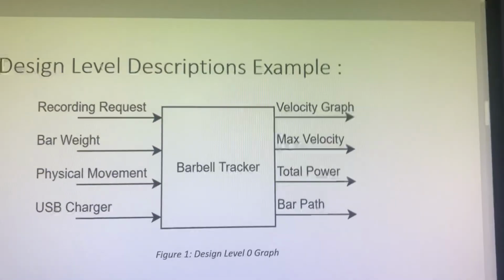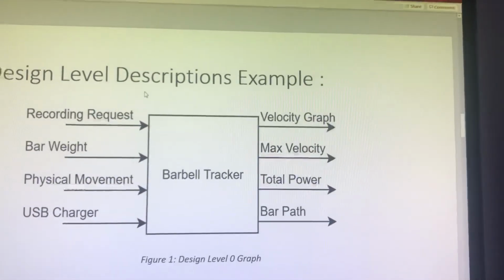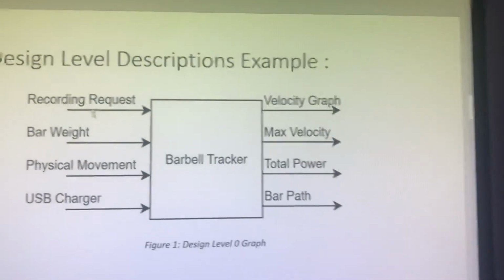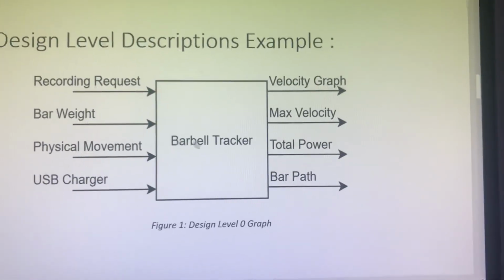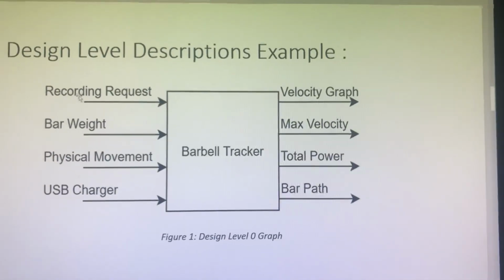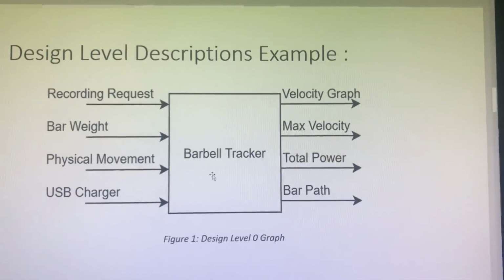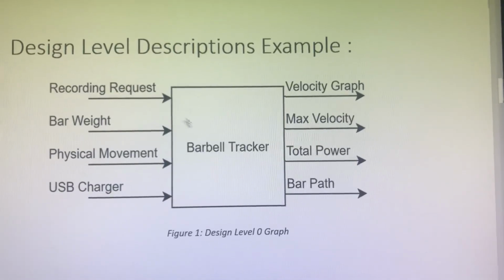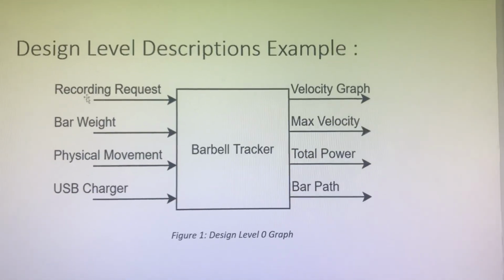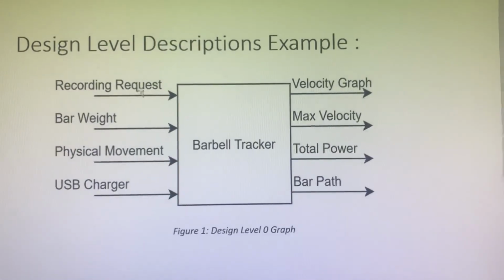Here is our design, an example for a control system. Here's the device. We set a button for it: if we want to start the device, we have a recording request, so we press a button.